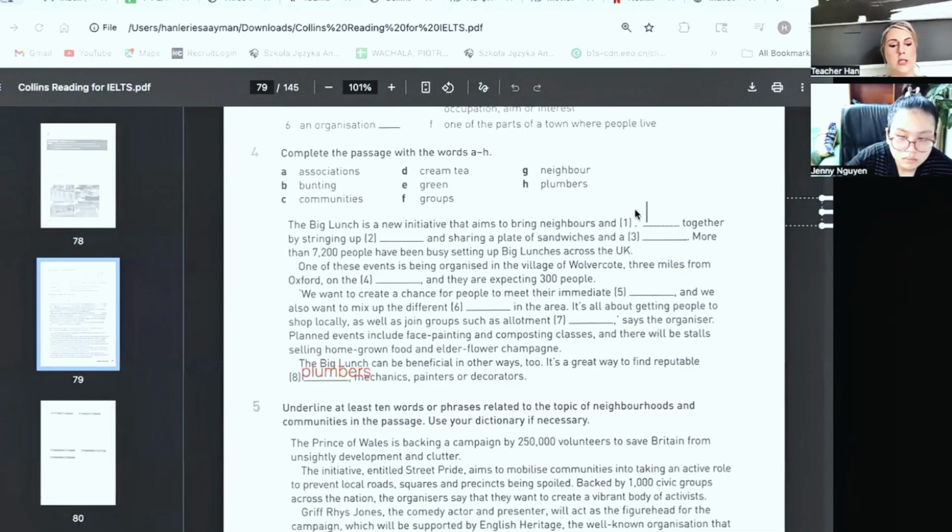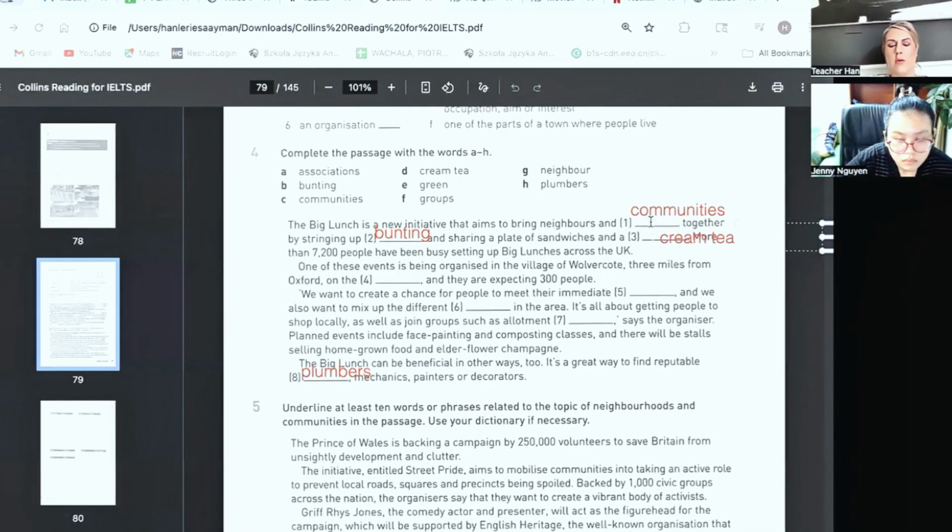Communities, yes. Okay. And what did you say for number 2? I guess bunting. Bunting, yes. Excellent. And then number 3? Cream tea. Cream tea, well done.